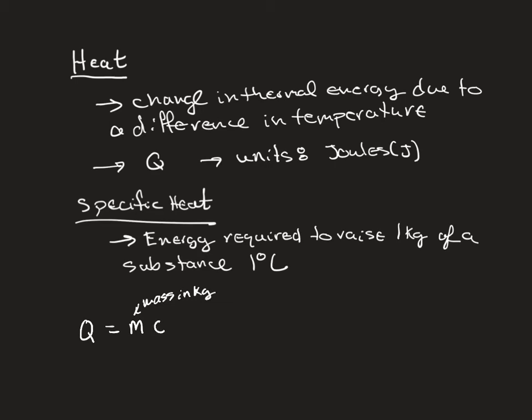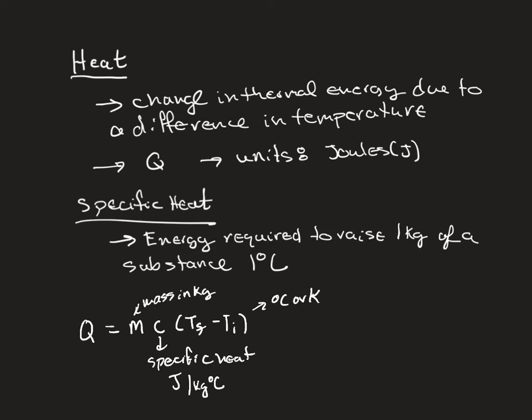We're going to use a lowercase c to stand for specific heat, and this is going to be in joules per kilogram degrees Celsius. And then we're going to multiply that by temperature final minus temperature initial, so the change in temperature. And because you're subtracting, you can either be in degrees Celsius or Kelvin, as long as both are in the same units.